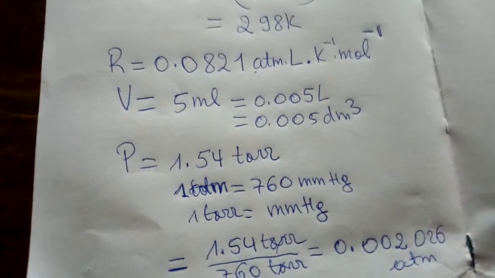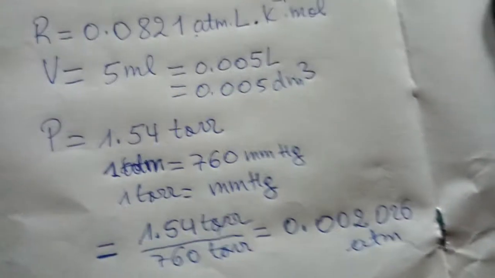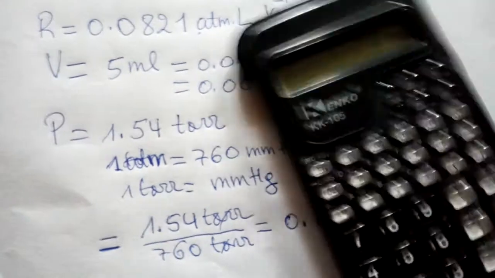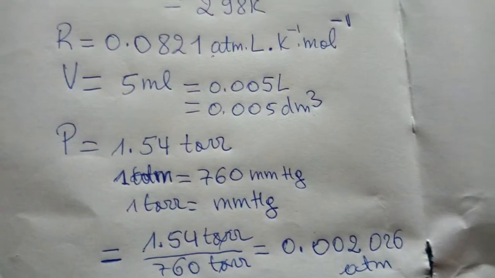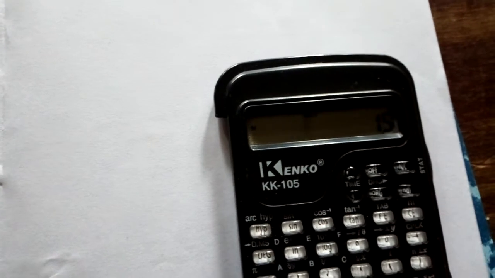This is given by the calculator. If we use the calculator, you can divide 1.54 over 760, and you find the number which is written there.